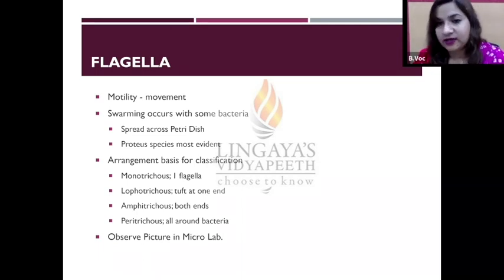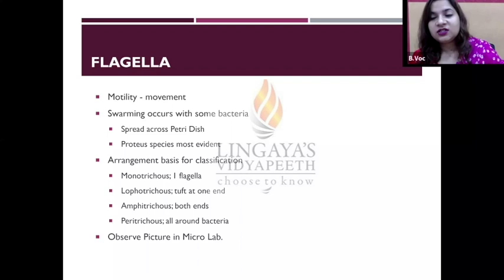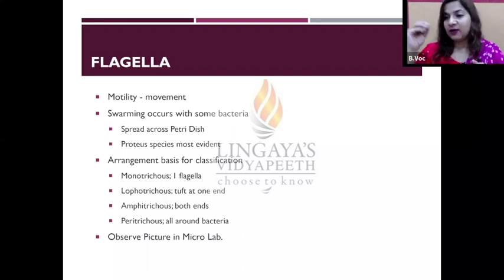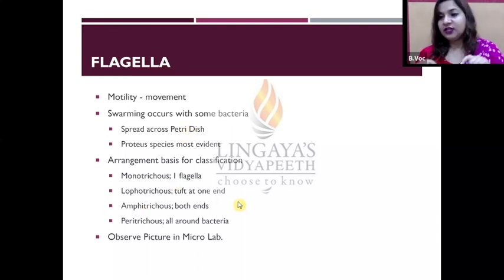Then the lophotrichous. What are the lophotrichous bacteria? Lophotrichous bacteria are the ones that have a tuft of flagella, a group of flagella at one end of the bacterial cell. All right. Then the amphitrichous bacteria. Amphitrichous, the bacterial cell will have the flagella at both of the ends.